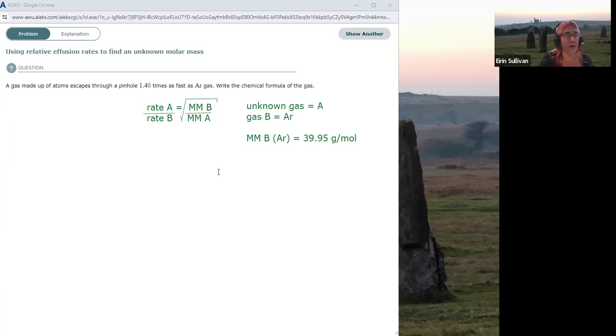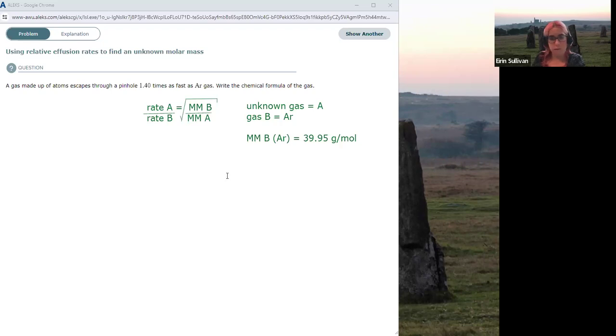So we've got that this mystery gas escapes 1.4 times as fast as the argon gas. So what that's actually telling us is about that ratio, okay? So with that ratio, if it is more than 1, that is telling us that our unknown gas must be lighter than argon, okay?